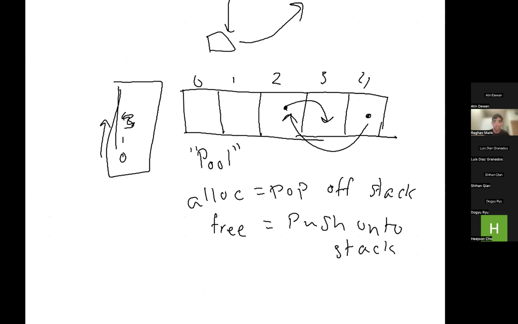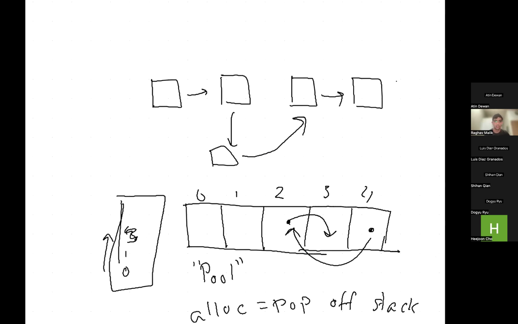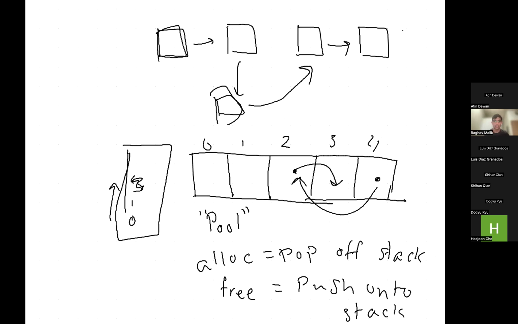So the idea is, instead of asking malloc for a chunk of memory, and it gives me a chunk of memory somewhere random on the heap, I can pre-allocate a whole bunch of memory, basically start by pre-allocating a whole bunch of nodes, right? So let's say I know my linked list is never going to grow bigger than 20.